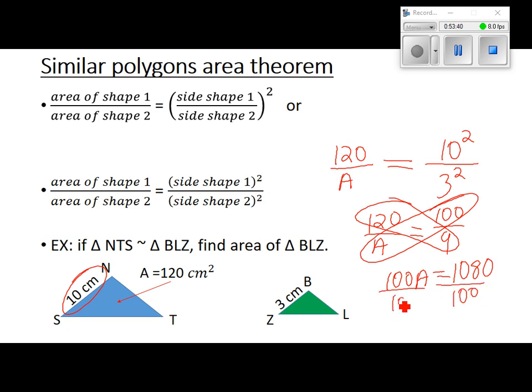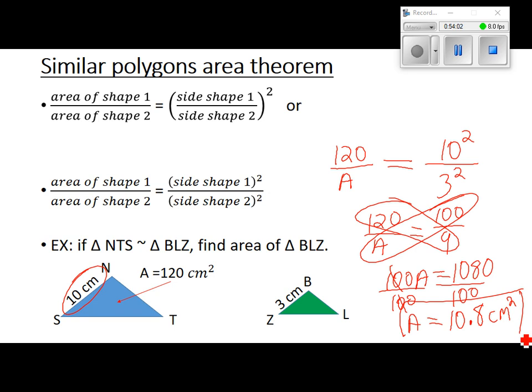Divide both sides by 100. These cancel out, leaves you with A equals 10.8. What's our units? If we're dealing with area, centimeters squared. That's our answer.